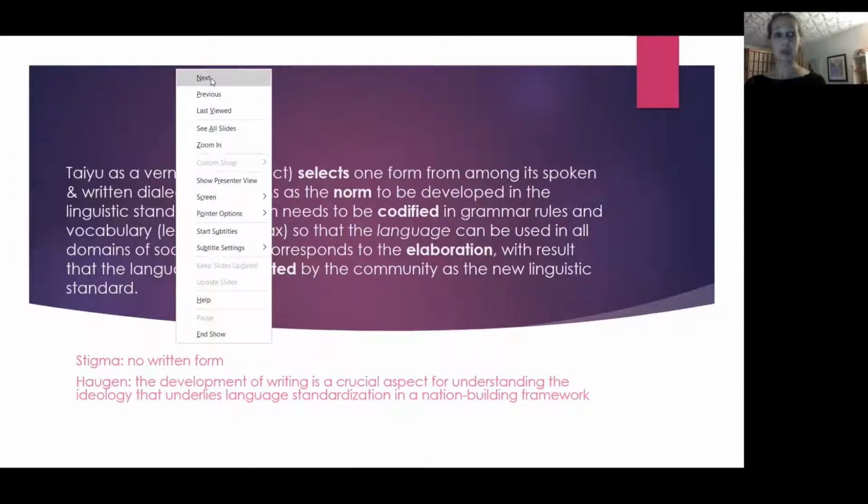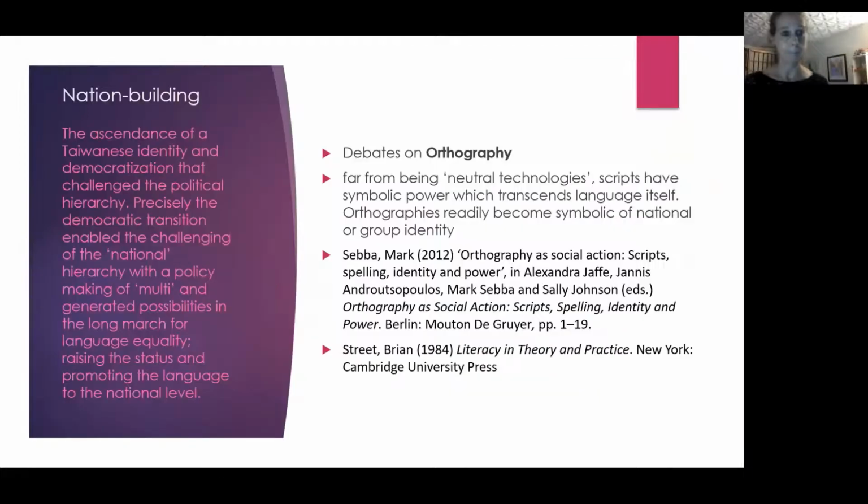Now, for this presentation, as well as for the chapter in the edited volume, I focused on the written language, on the orthography, not so much the spoken language, in explaining the matrix form. Next slide, please.